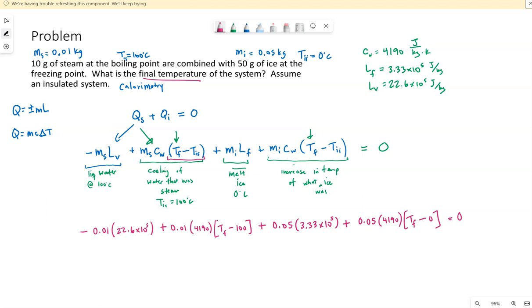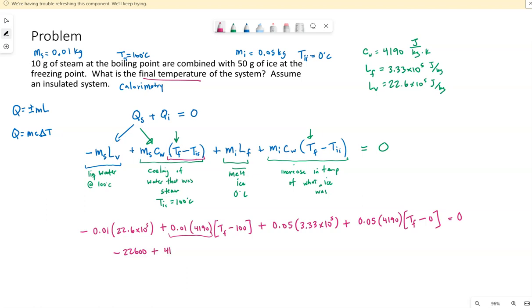So our equation right now, we have negative 22,600 for the first term. This I will need to factor through. So I'll have to multiply it first by the T final.